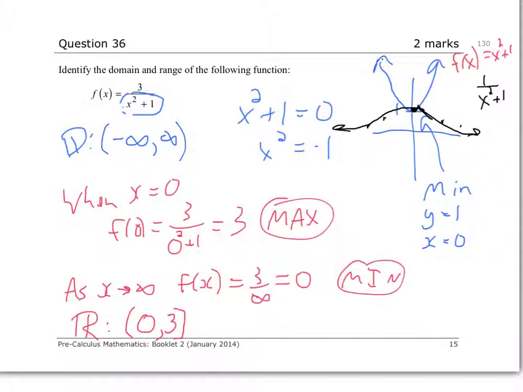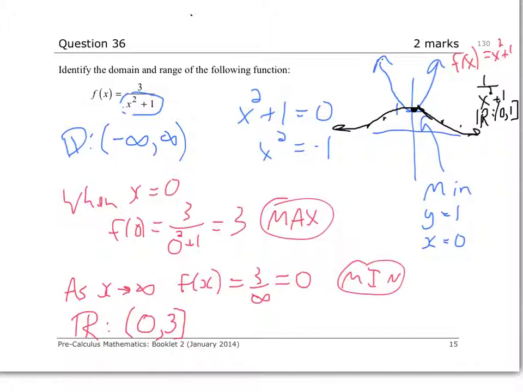So if we're looking at the range of this particular graph right here, its range is from 0 to 1. So the range of this black graph is from 0 to 1. And the 3 is really just a vertical stretch.